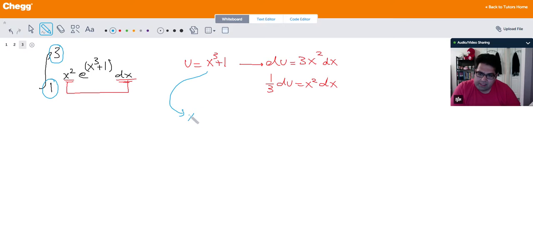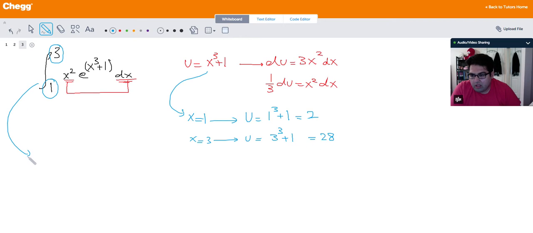So if x is equal to 1, let's see what happens to u. u is going to be 1 cubed plus 1, that's going to be 2. And when x is 3, u is going to be 3 cubed plus 1, that's going to be 28. So this integral becomes the integral from 2 to 28 of e to the u times 1/3 du.